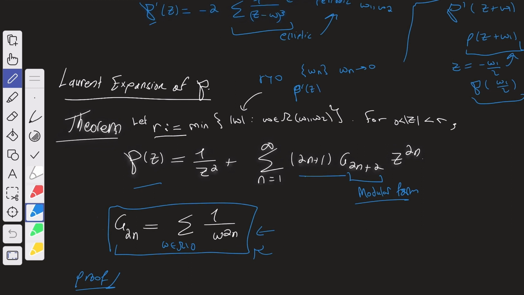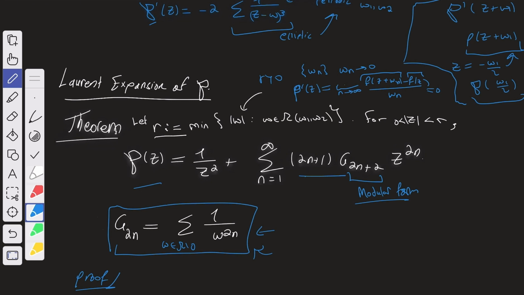The derivative at a z is the limit as n tends to infinity of f of z plus omega n minus f of z over omega n. However, f of z plus omega n is equal to f of z because omega n is a period for every n, and thus the derivative would be 0. And this will be the case for every z, and hence the function is a constant, which is not true actually. The function is not a constant.